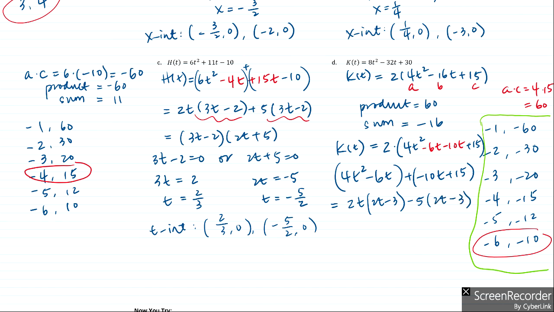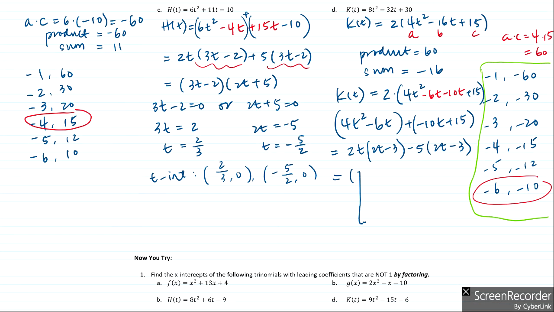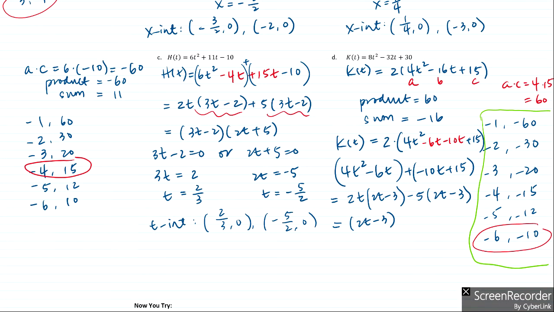Make sure you flip the sign of each term inside the parentheses, so negative 10t becomes positive 2t, positive 15 becomes negative 3. And once we have this form, we'll see 2t minus 3 is shared by both groups. So we'd have 2t minus 3 taken out, and then we would have 2t left in the first group and negative 5 left from the second group.